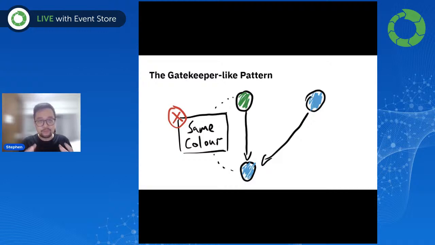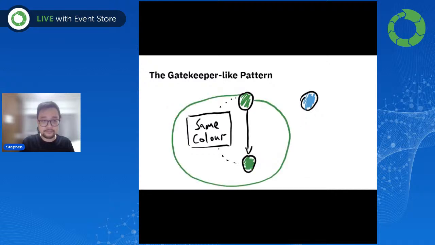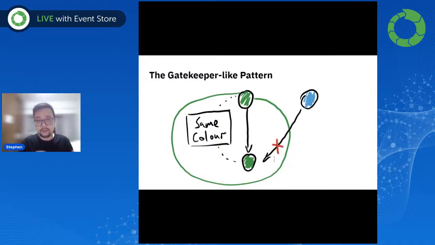So in order to protect the child objects, they cannot be exposed to objects that are outside of the object set itself. And this means that no objects outside can reference them. If any object wants to change any of the objects inside the set, it must go through the gatekeeper.